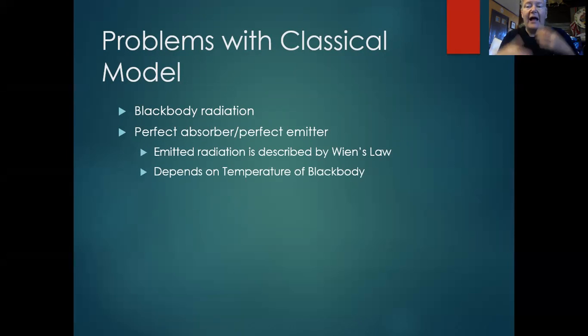So black bodies were described in two ways. The first way they were described was by what wavelength they peaked at, and that's found through Wien's law. And Wien's law says that as the temperature of the black body increases, as it gets hotter, the peak wavelength gets smaller. Think about a burner on an electric stove, okay?